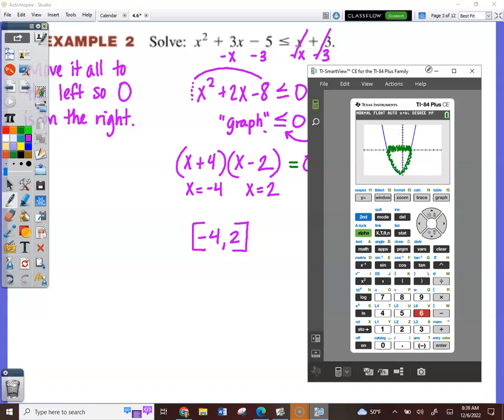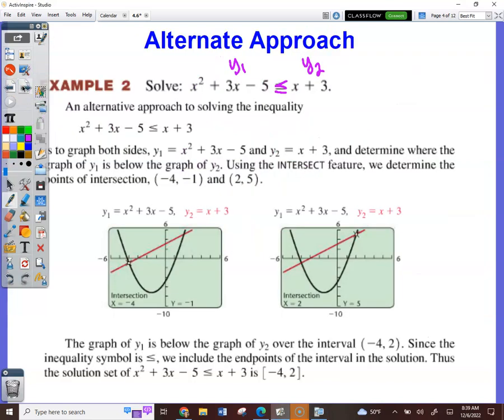All right, 2 more slides. I think, or 3. I don't know. The alternate approach. I think this is the exact same problem as before. It is.